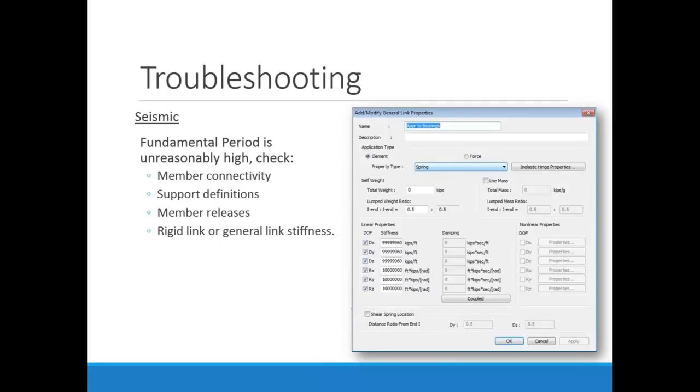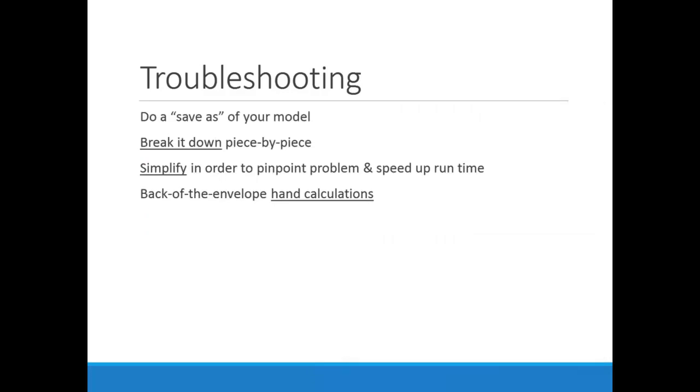Check your member releases. A lot of times you'll have a problem there. And then check your rigid links or your general links. Sometimes you might use general links to link to your superstructure. So check to make sure that it's not unreasonably soft or stiff. I have a little image here. This is a general link definition. So just make sure that that's correct.